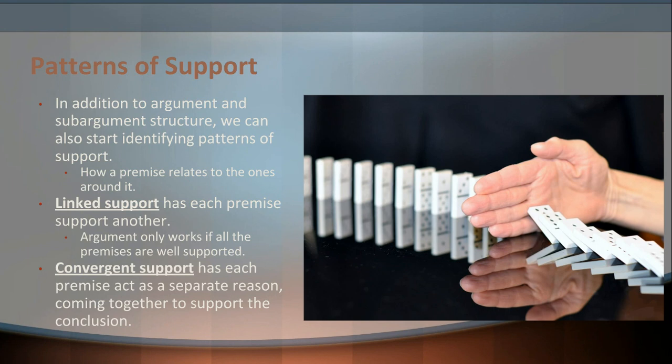It's less tightly fit together than the pattern of linked support, where one premise supports another one, which supports the next one, and so on, where if any one of the dominoes is removed or stopped, the whole thing stops. The convergent argument or convergent patterns of support instead have these separate pieces coming together to support and give reasons for believing the conclusion.